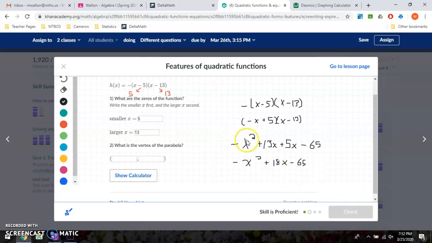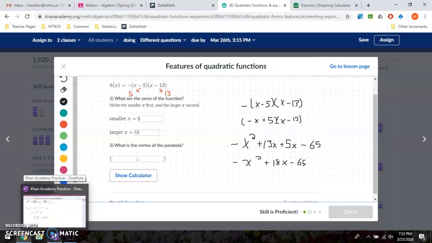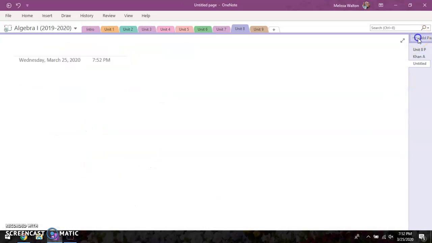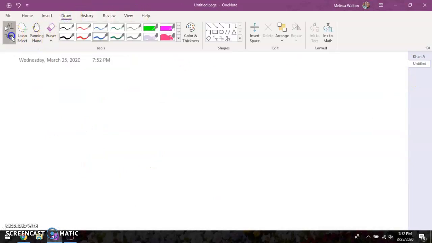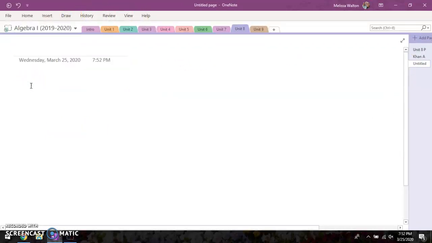All right, now this is going to look a little bit different than the vertex forms of the past, and I want to talk about why that is. So I have negative x squared plus 18x minus 65.